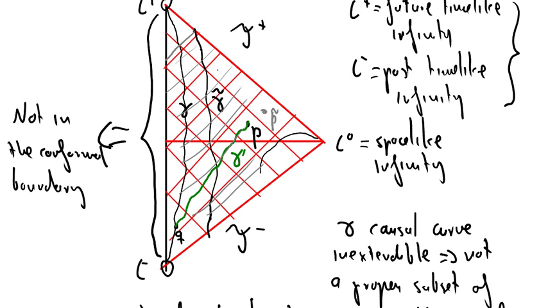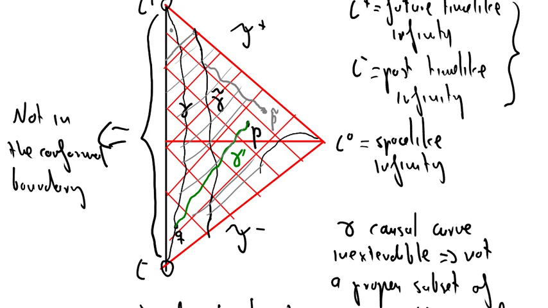Then there is a past directed time-like curve from a point of gamma tilde to p tilde. But if you take a point here, you cannot find a past directed time-like curve from gamma tilde to this point. There is no way of doing that.